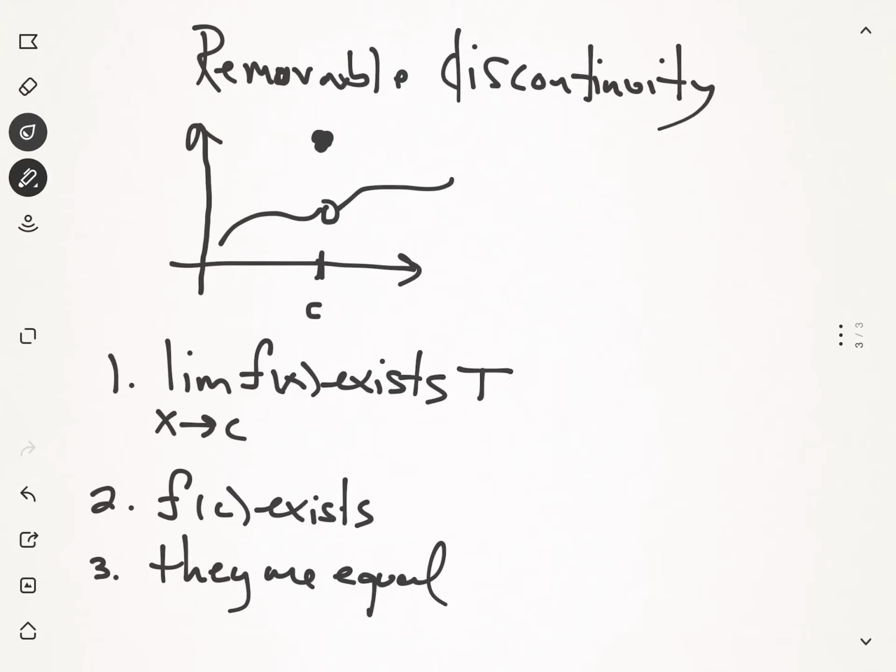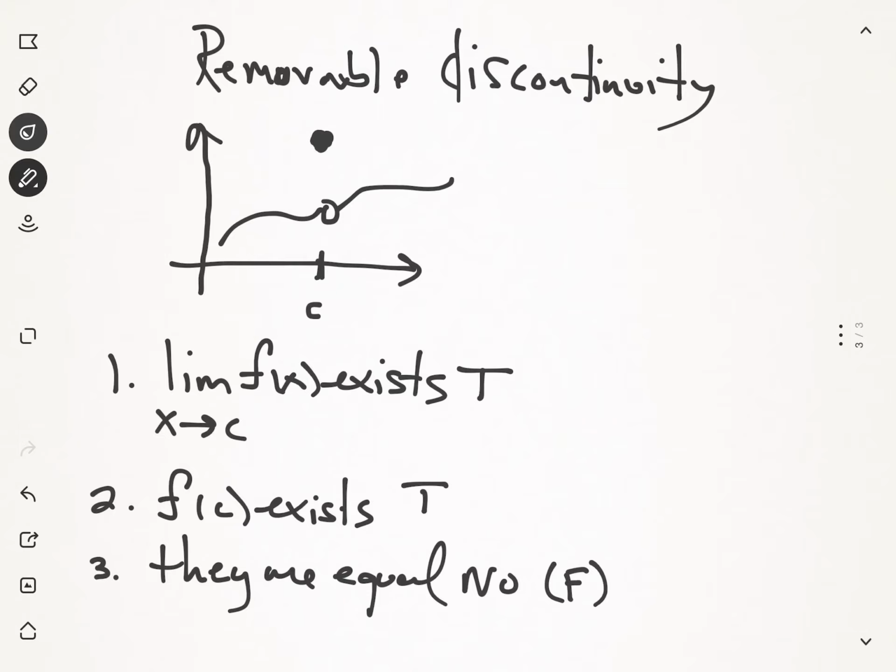Does f of c exist? Yes, it does exist. It exists right here at the solid dot. Are they equal? No. So when you answer these three questions and come out with true, true, and false, you know that you have a removable discontinuity.